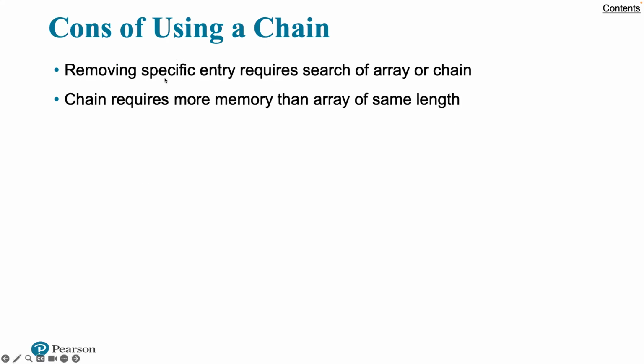The cons: removing a specific entry requires searching of an array or a chain. The chain requires more memory than an array of the same length. So there are some things on both sides of the fence that are worth considering when we look at how we're going to be doing an implementation.